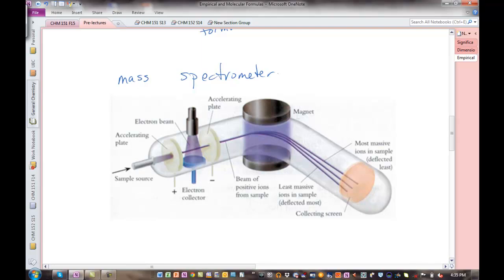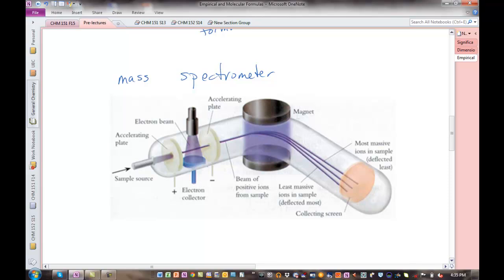All right. So what we do with a mass spectrometer is the sample is going to be vaporized, get into the gas phase. Okay. You're going to have some type of ionizing beam, and various mass specs are different. This one is showing an electron beam, an electron impact mass spec.